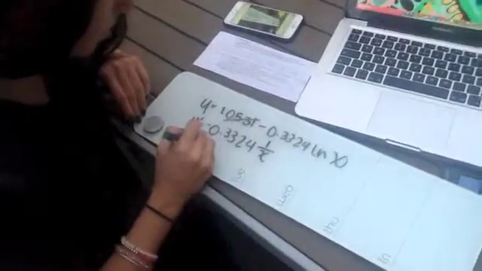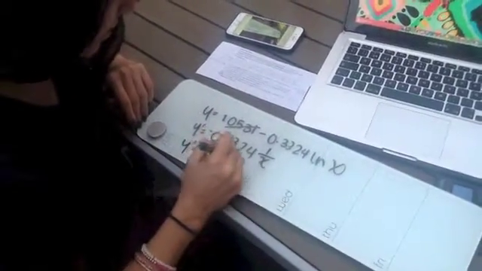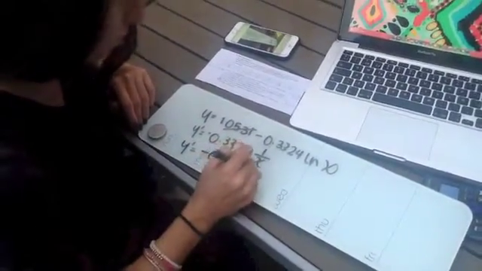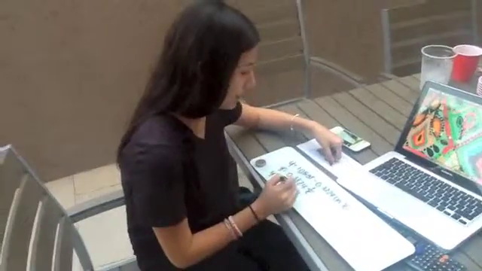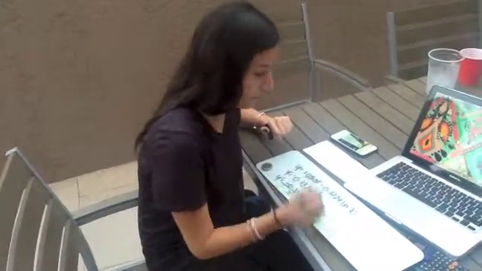So the derivative is minus 0.3324 over x. They ask us to replace the x, our h, with 5 and 20.